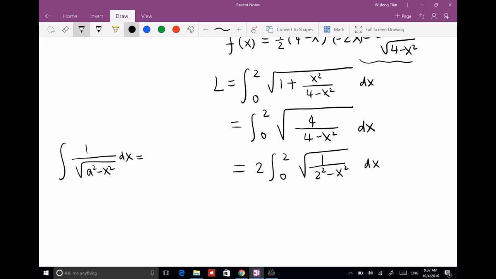Can anyone tell me what the integral of 1 over square root of a squared minus x squared dx is? Jasper, is Jasper here? Could you please tell me the integral?